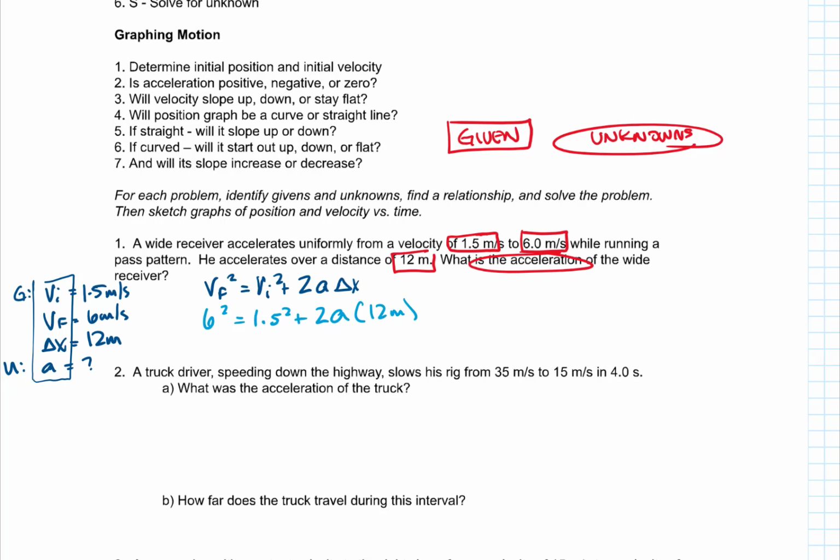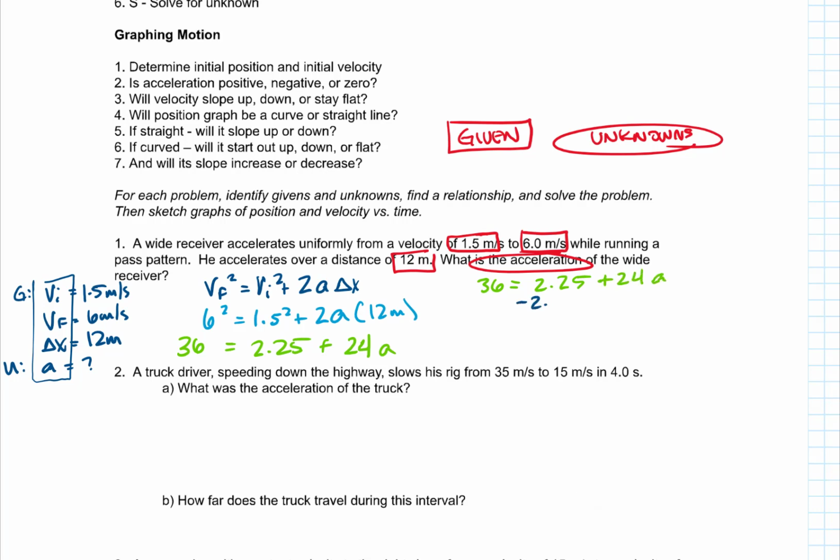So multiplying all that out, we get 36 is equal to 2.25 plus 24 times the acceleration. We'll write that again up here. 36 is equal to 2.25 plus 24 times the acceleration.